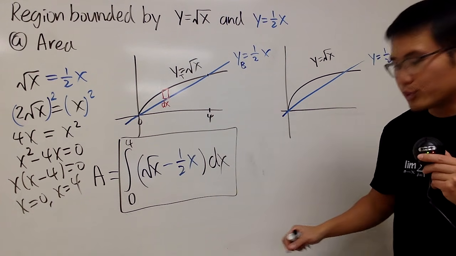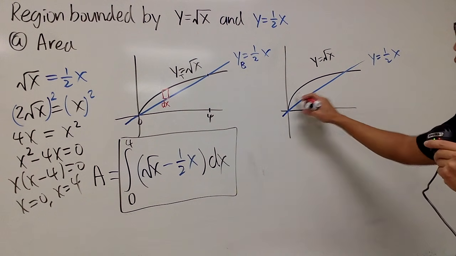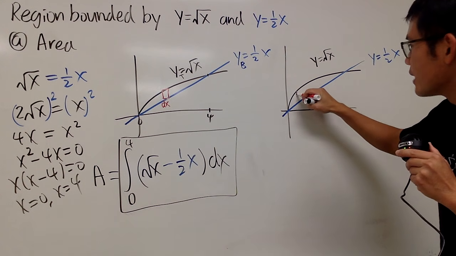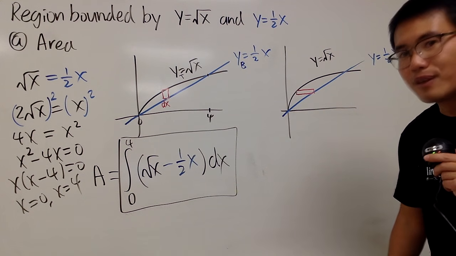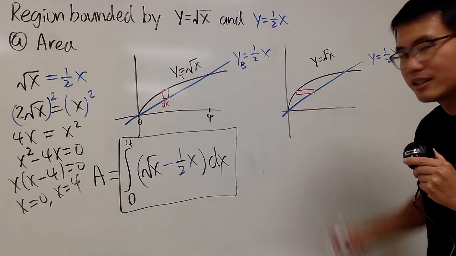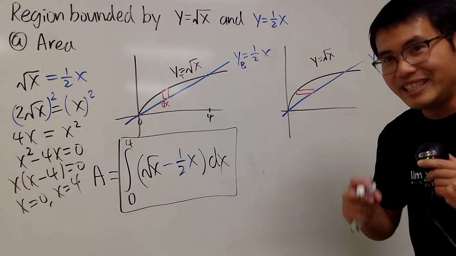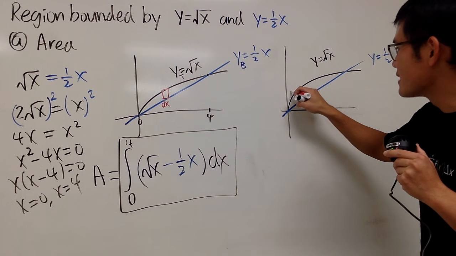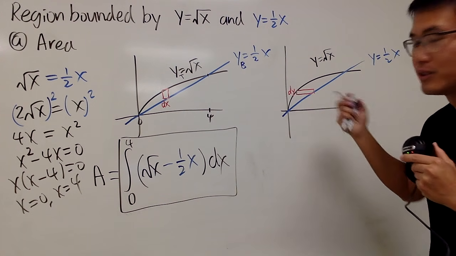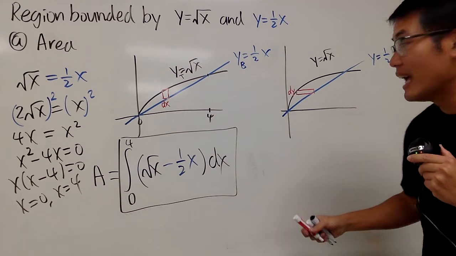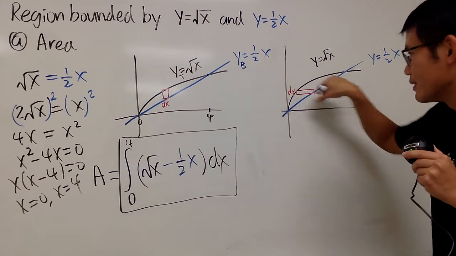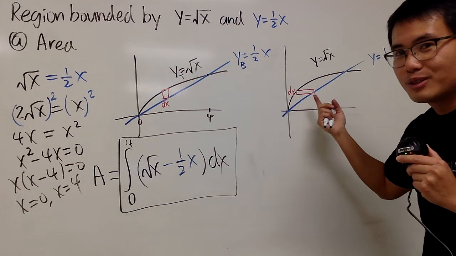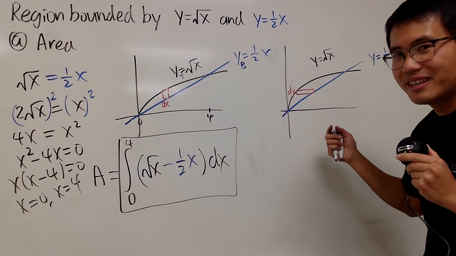Now, for the horizontal rectangle, of course, you come to the region here and draw a horizontal rectangle. Then focus on the labeling. First of all, how would you label this part? Good, dy, right? This is just a small change in the y direction, so it's just dy. Very nice. And then, how about the height? This time it's horizontal, so you can call this the length or the width, however you want to say it.